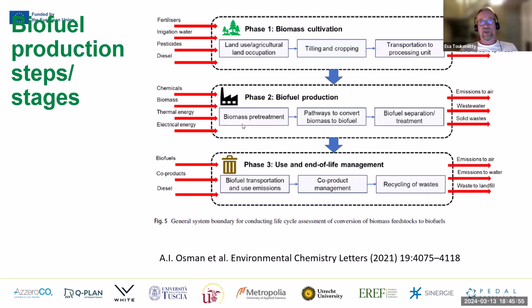Very often we talk about chemical catalytic conversions, chemical reactions. So it's very typical for biofuels, and not uncommon for other chemical processes, that there is the actual chemical conversion or the catalytic reaction which makes the actual product.